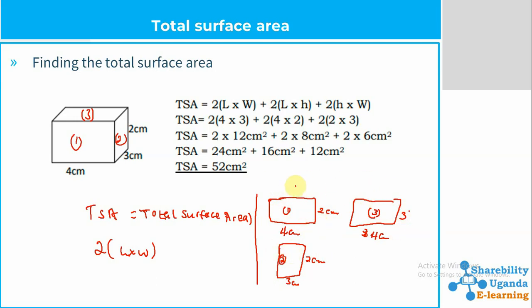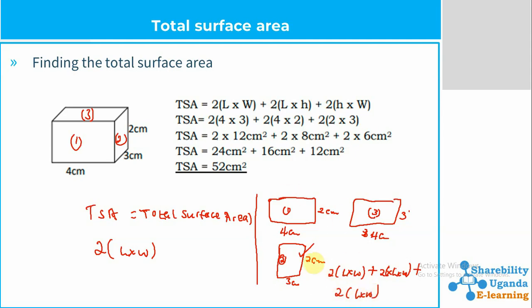To get the total surface area of the cuboid, we combine these surface areas. So the total surface area is going to be equal to, remember these are all rectangles, 2 into bracket length times width for our first one, then we add our second face, 2 into bracket length times width, then we also add our third face, 2 into bracket length times width.